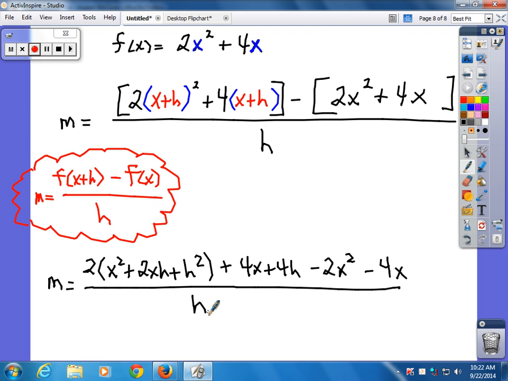Now I'm gonna put two steps together here, so you might wanna write the next step down. Distribute the what? The 2. Distribute the 2. And that'll give you 2x squared plus what?